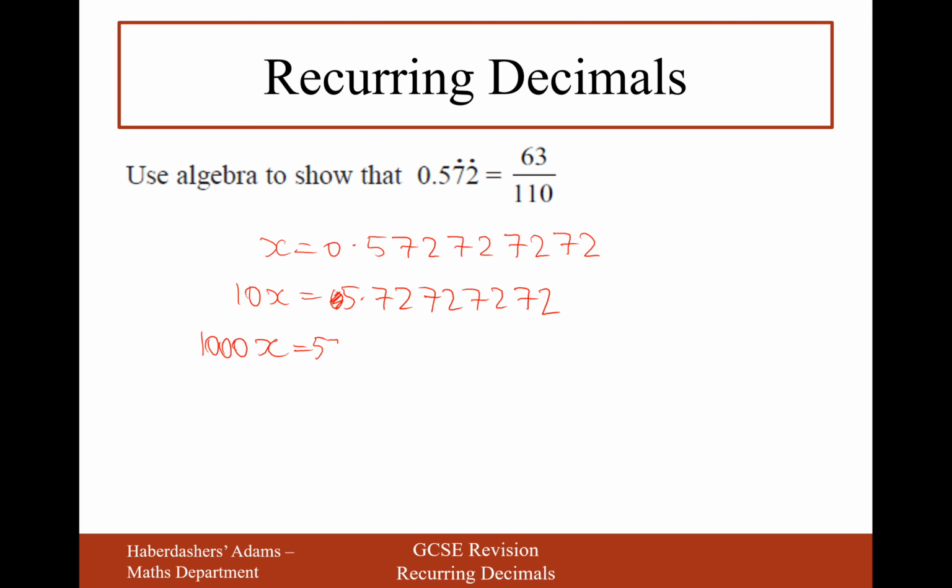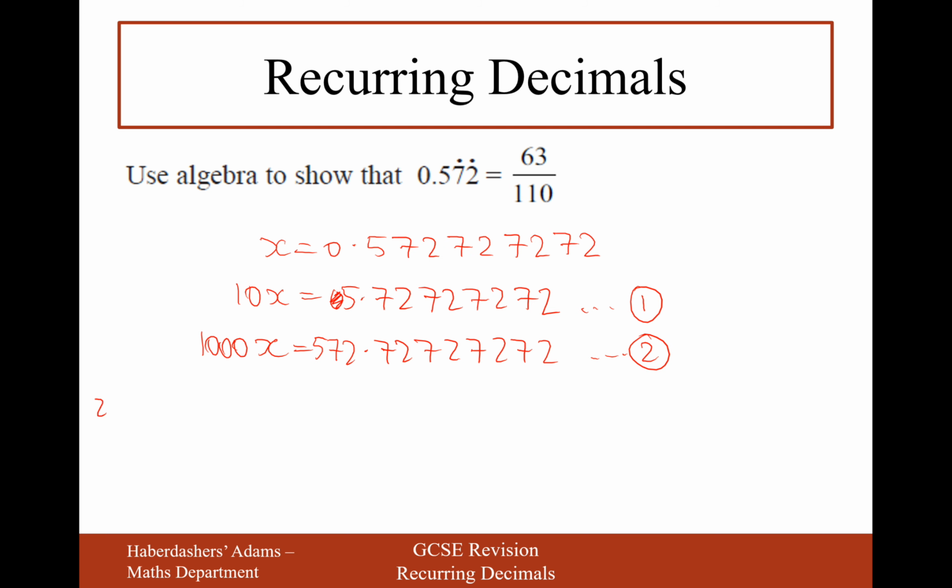So it's 572.72727272, and then the decimals nicely line up in the third and the second line.